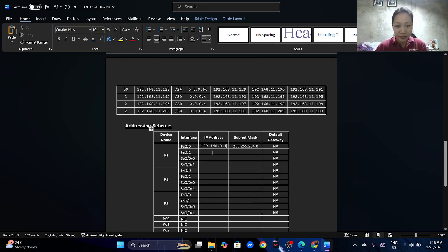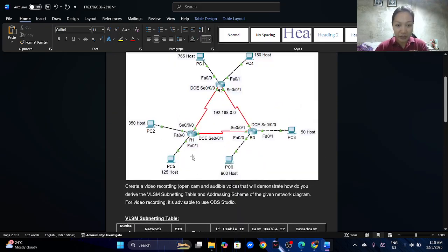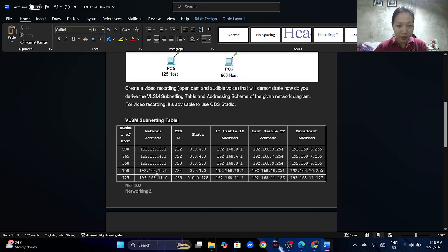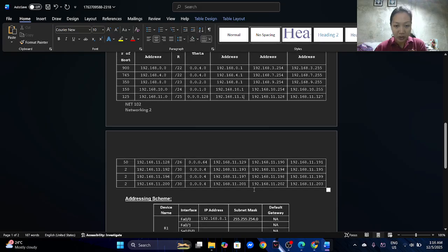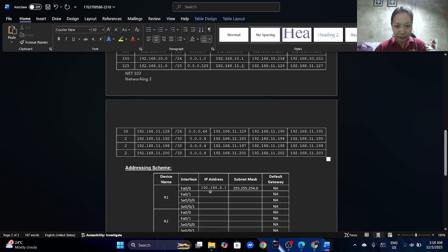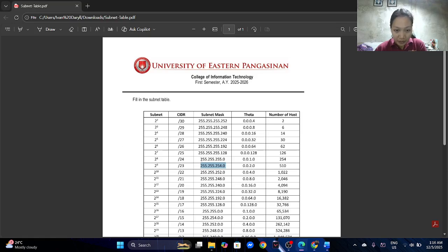So for FA1, which is PC5, 125 hosts, first usable IP is 192.168.11.1. And CIDR /25 is equivalent to 255.255.255.128.